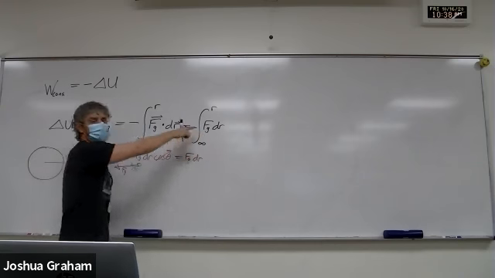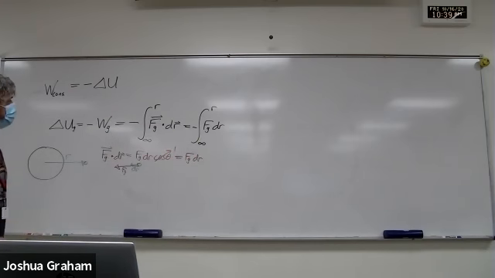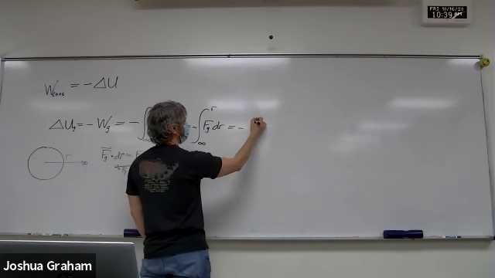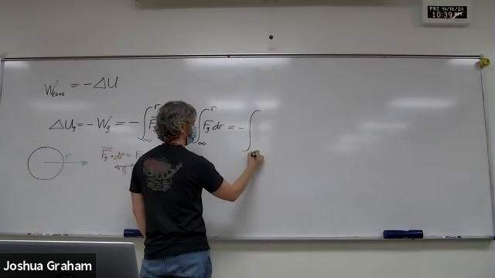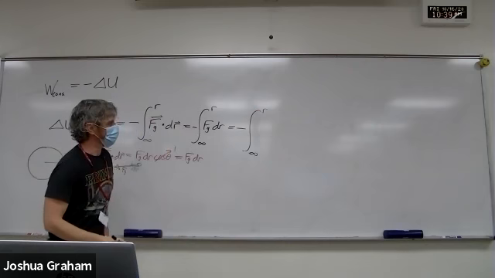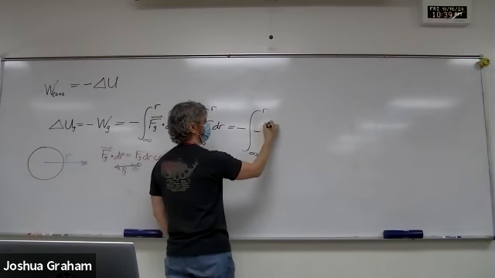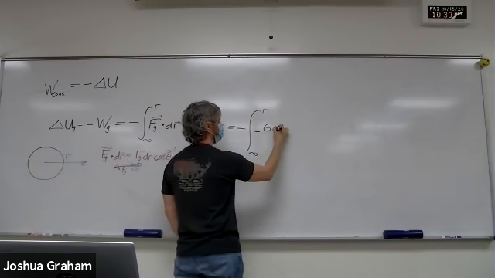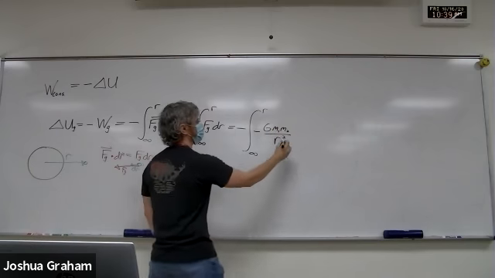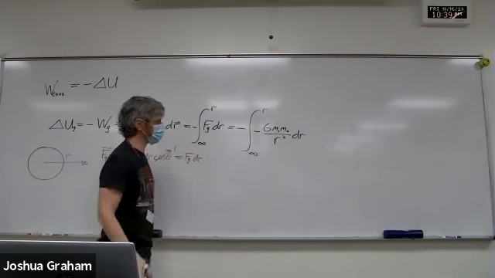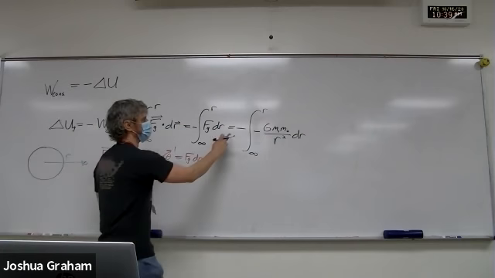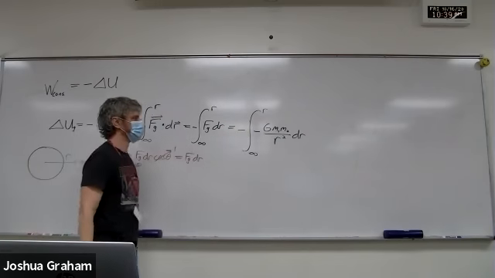And then I have an expression for the gravitational force, right? It's going to be the negative integral from infinity to r of negative big G times m1, m2 over r squared times dr, right? So dr is basically just r hat.